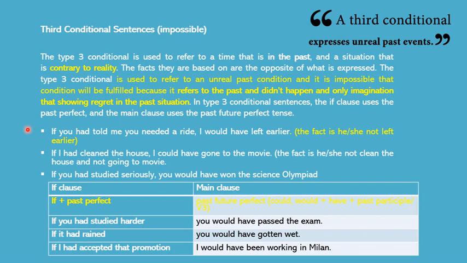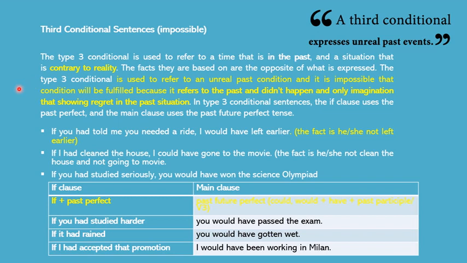The third conditional sentence is impossible. It means a third conditional expresses an unreal past event. The third conditional is used to refer to a time in the past and a situation that is contrary to reality.